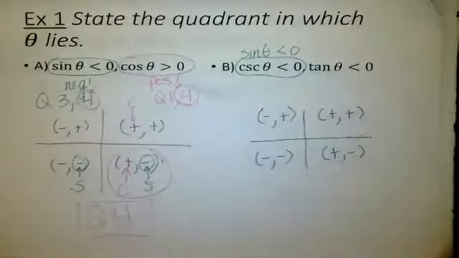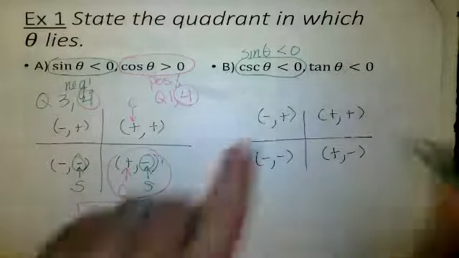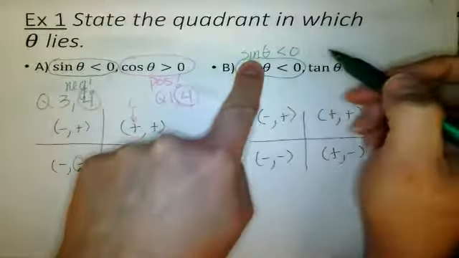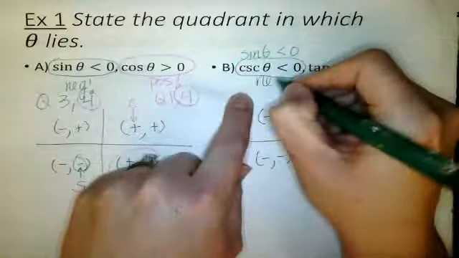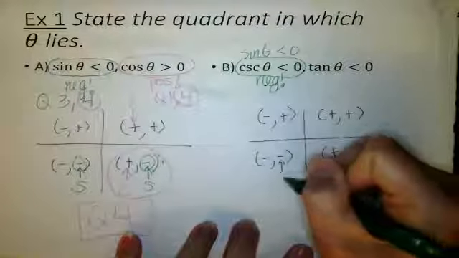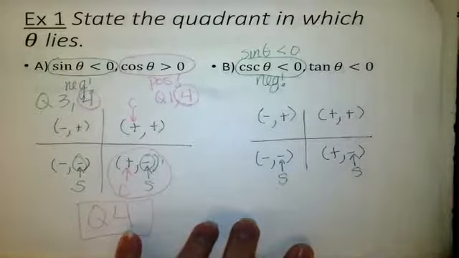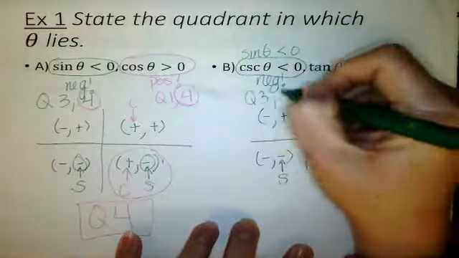So when they give you the reciprocal function, you can use the big one instead of the reciprocal. So if it says cosecant is less than 0, we want to know really where sine is less than 0. Where is sine negative? 3 and 4. So right there, sine is negative. Sine and cosecant, as it turned out. So quadrants 3 and 4 again.